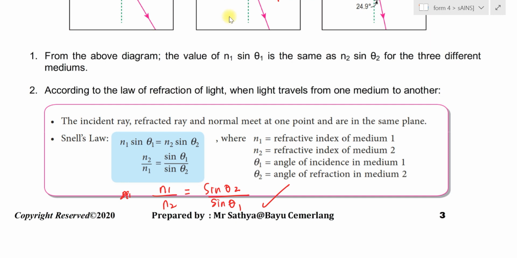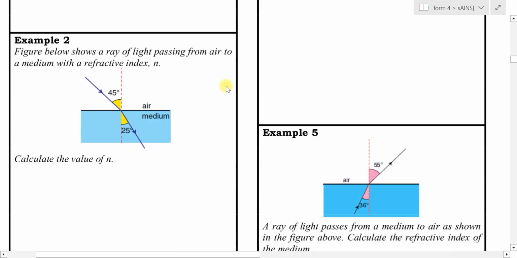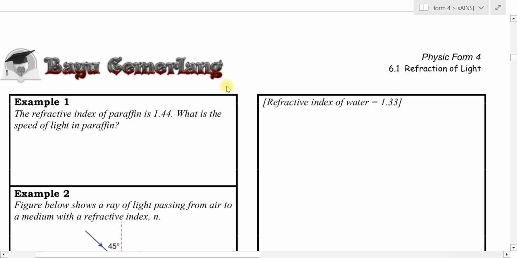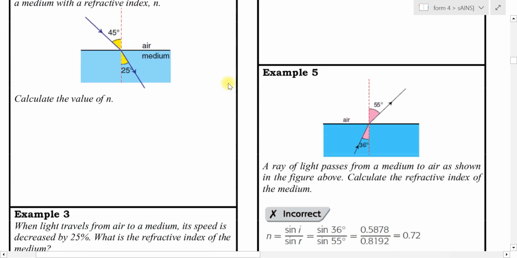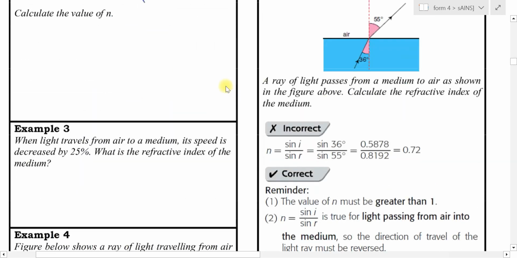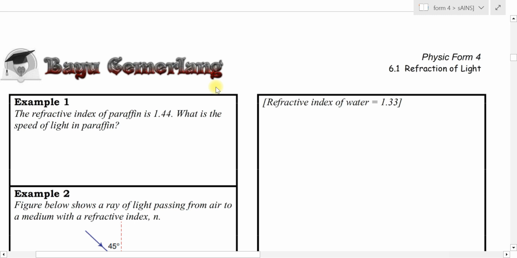Okay. Baik. Okay. Saya akan ajar dua soalan. Kamu akan buat 3 dan 4. Okay. Baik, tengok. The refractive index of paraffin is 1.44. What is the speed of light in paraffin?